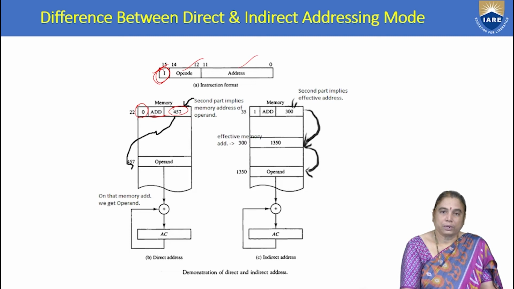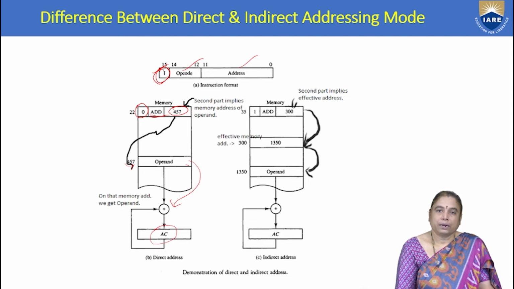At memory location 457, the operand is available. That operand is used for the addition operation. This operand along with the accumulator content is added and the result is stored in the accumulator.